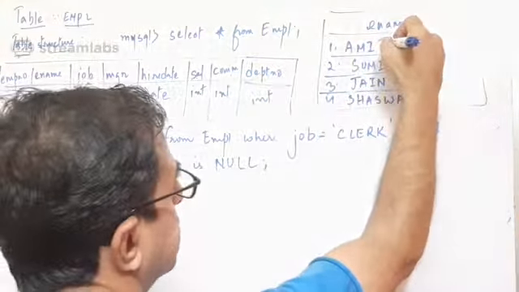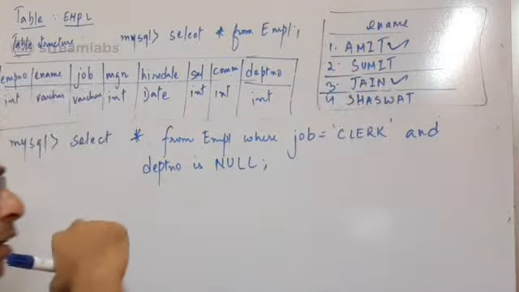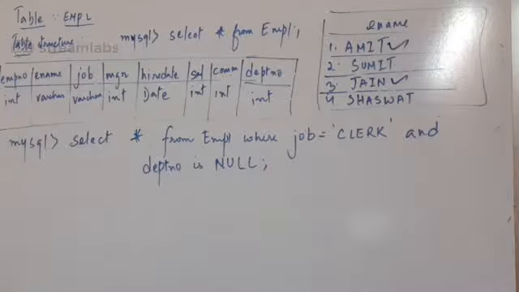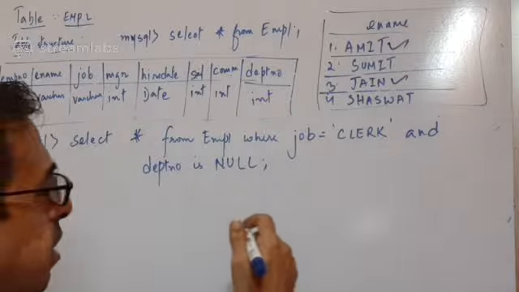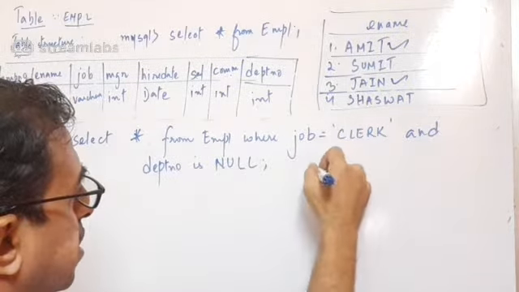So how do we extract this? Here you find 2 names, Amit and Jain. What will be the main criteria for extracting this? We have a concept of wildcard characters. A wildcard character is a certain kind of symbol, like your percentage sign.